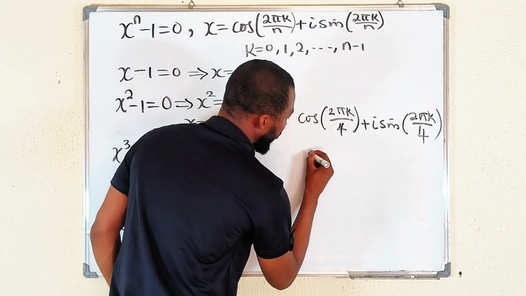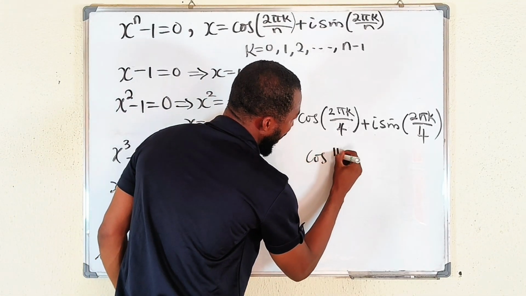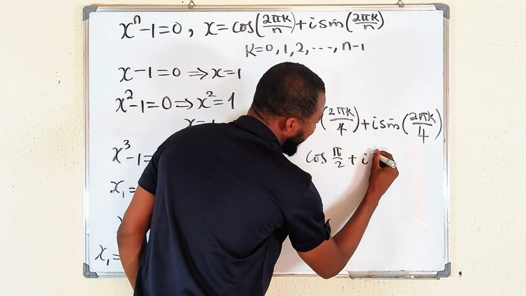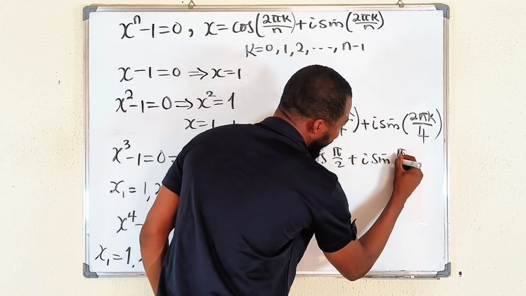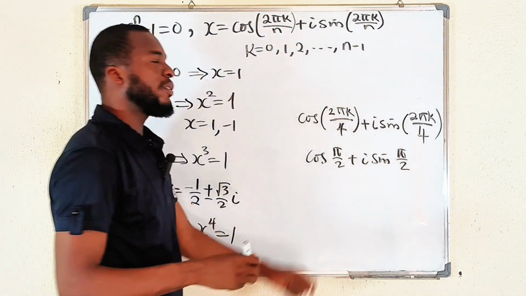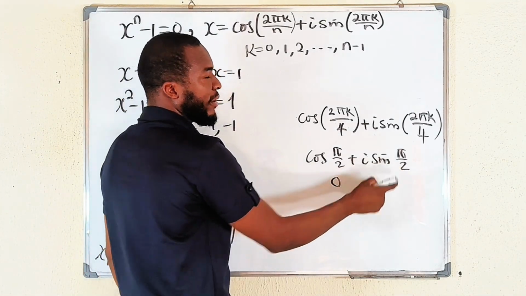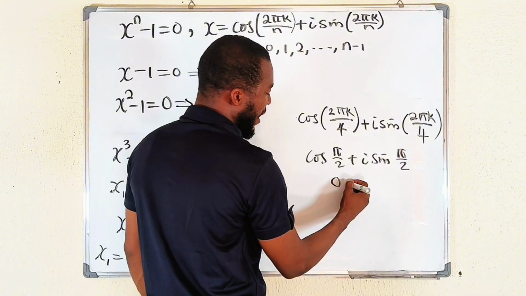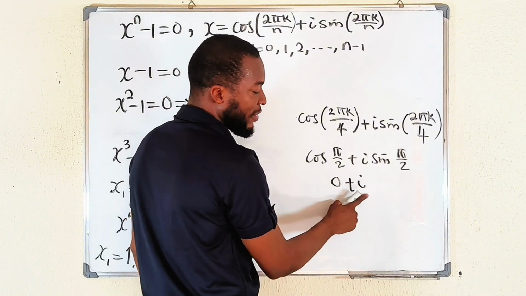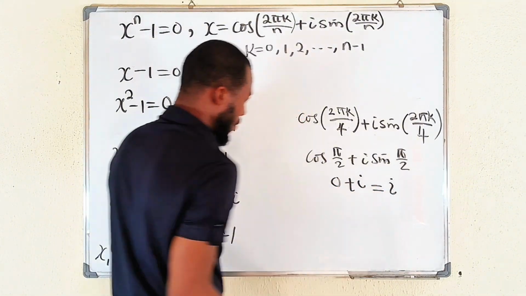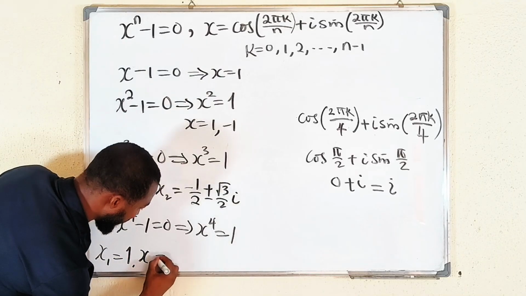So this is going to give us cosine of pi over 2 plus i sine of pi over 2, which is 90 degrees, right? Cosine of 90 degrees is 0, definitely. Sine of 90 degrees is 1, times i is i. So it's like we are adding 0 and i together, which is i. All right, so this is i.